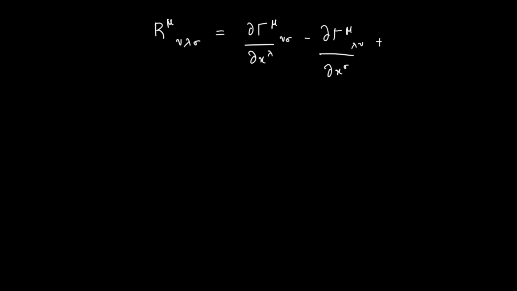In the last class, we have seen the Riemannian curvature tensor. The Riemann curvature tensor in its mixed form can be written as R^μ_{νλσ} is equal to the partial derivative of the Christoffel symbol Γ^μ_{νσ} with respect to x^λ, minus the partial derivative of Γ^μ_{νλ} with respect to x^σ, plus Γ^ρ_{νσ} Γ^μ_{ρλ} minus Γ^ρ_{νλ} Γ^μ_{ρσ}.